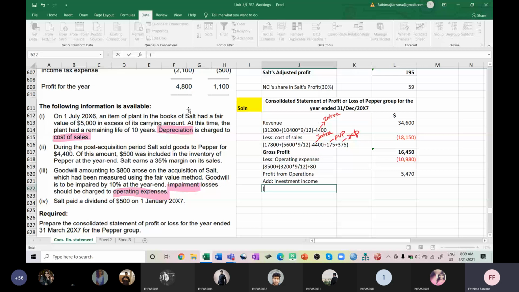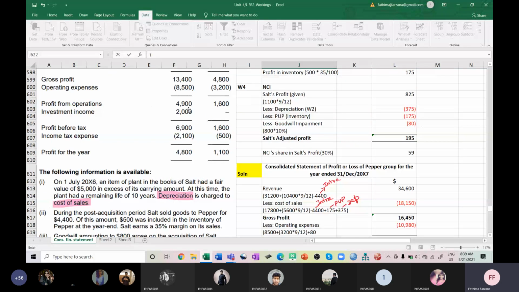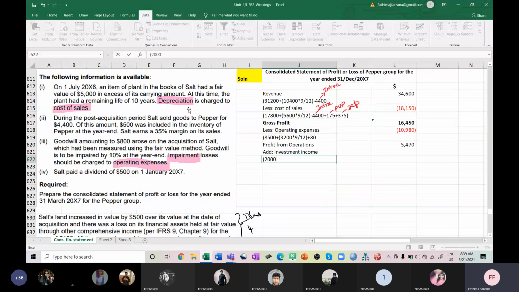Income is 2,000, right? I'll take 2,000 here. Fine. 500, but Salt didn't pay 500 to me only. It's the entire dividend declared by Salt. And in that 500, only 70% they paid to me. As a parent, I received only 70%. That part I have.